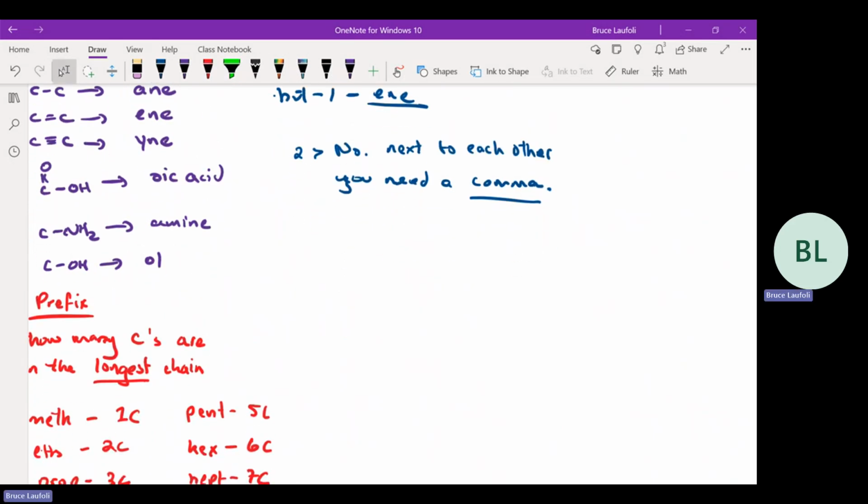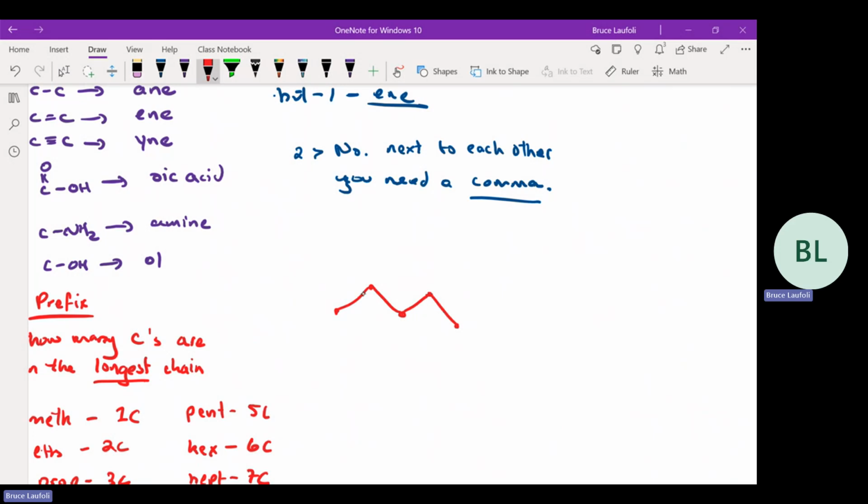Let's go over a few examples. Now I'm going to use stick notation. If you were wondering about stick notation, each of the corners here is counted as a carbon, and the ends as well count as a carbon. So if we try to name this, we can see that there is 1, 2, 3, 4, 5. These lines represent the bonds.